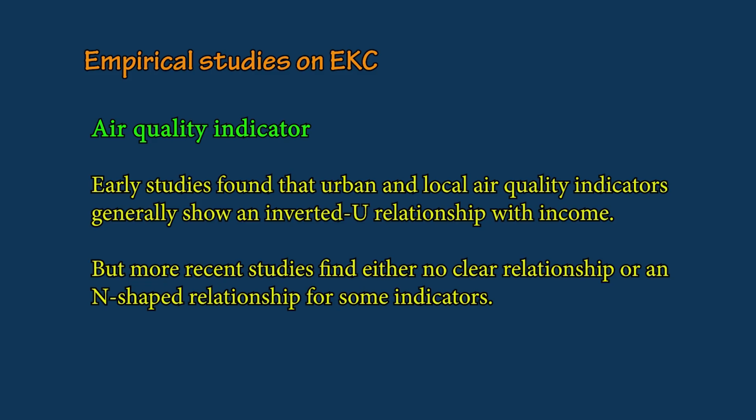And in some cases, the studies have found something called an N-shaped relationship between these indicators and economic growth. Meaning, after having a downward sloping pattern of the environmental degradation, the indicators started having higher pollution level at a higher economic growth level.